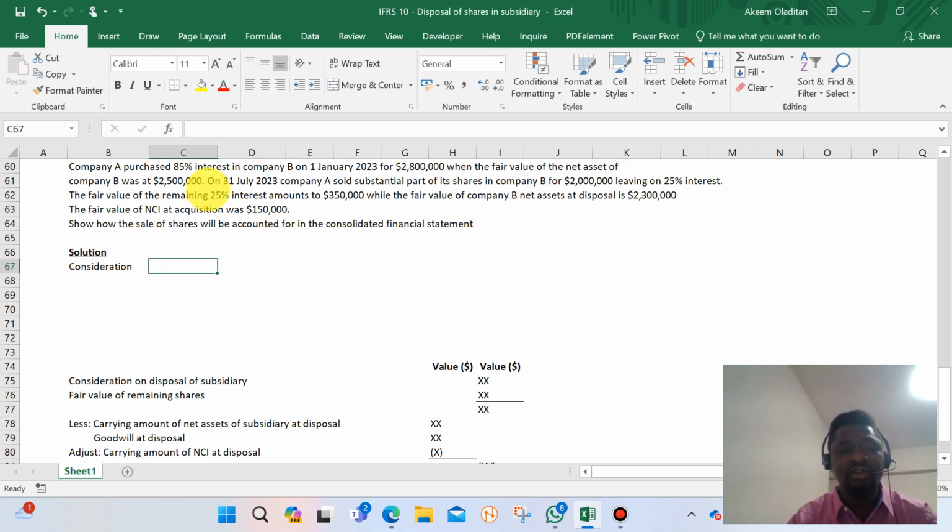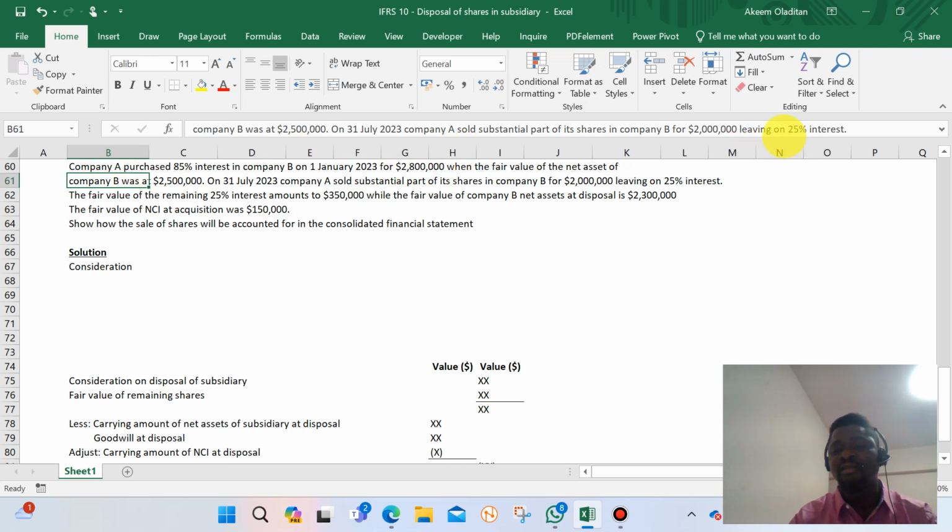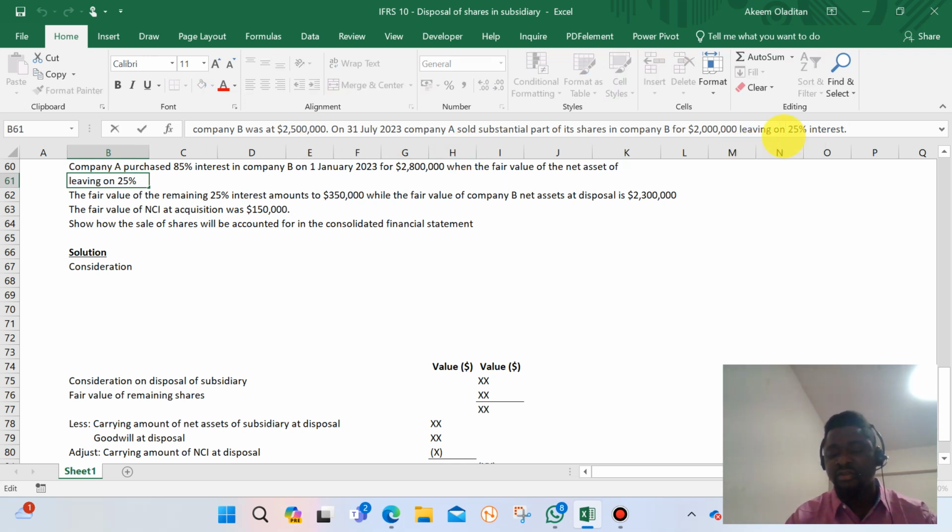The question says that on 31 July 2023, Company A sold a substantial part of the shares in Company B for $2 million, leaving a 25% interest.